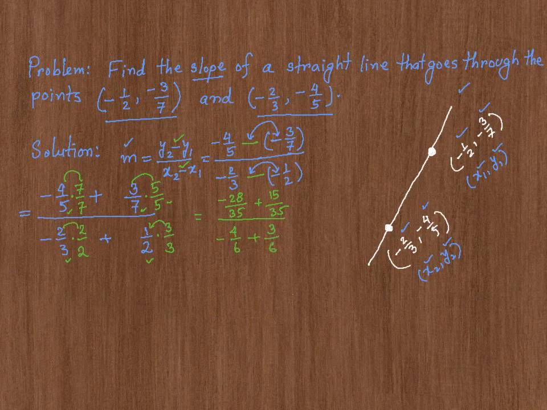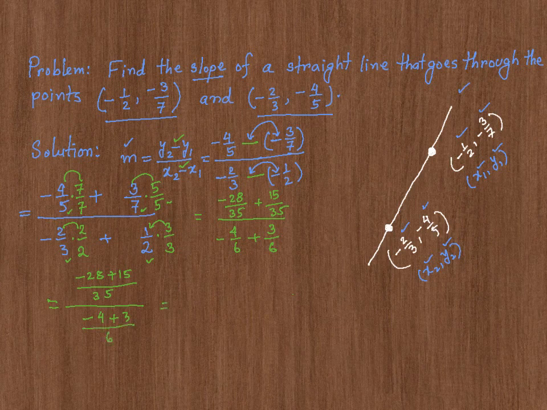Now I'm going to simplify it further, and it's going to be the following. On the numerator, I'm going to get negative 28 plus 15 over 35. On the denominator, I'm going to get negative 4 plus 3 over 6.